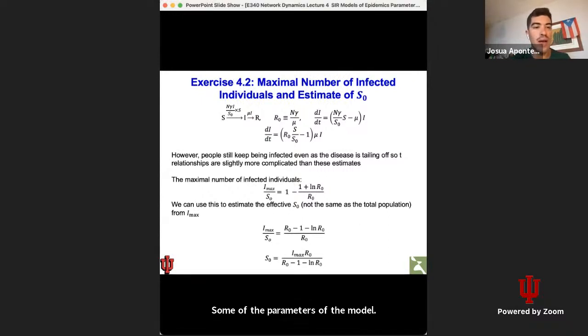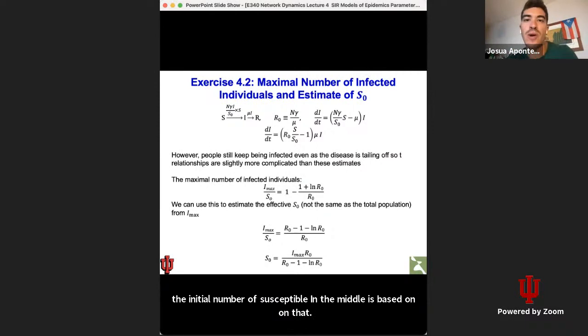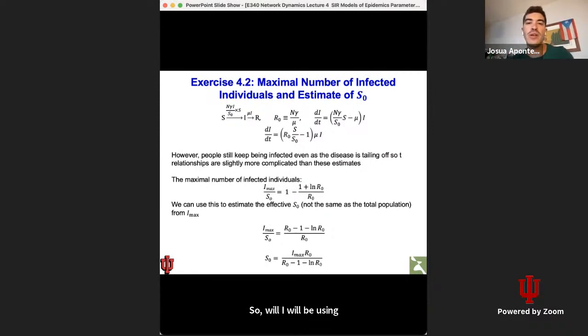So now we'll have a second exercise where we'll calculate the maximum number of infected individuals from the model, and then estimate the initial number of susceptible individuals based on that calculation. So I will be showing exercise 4.2 now.